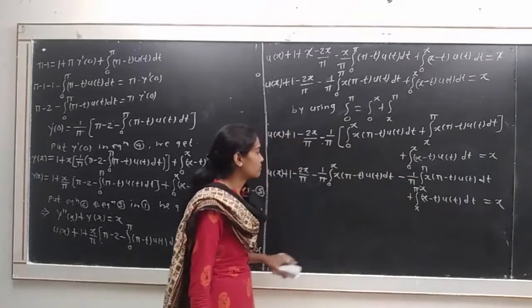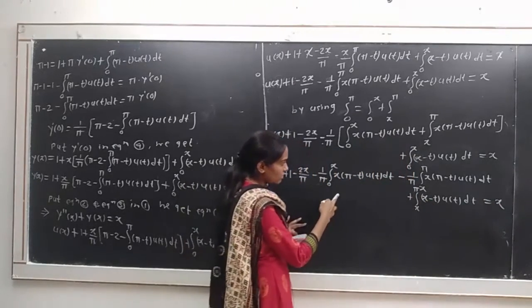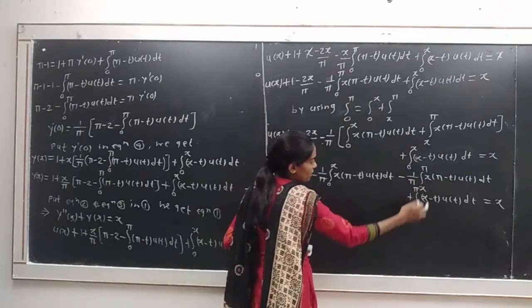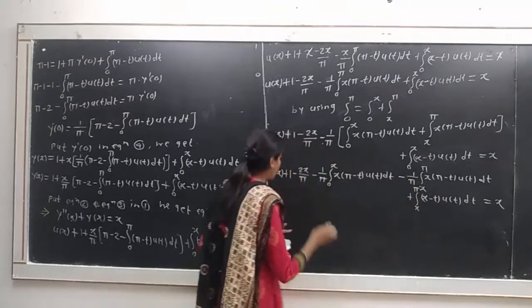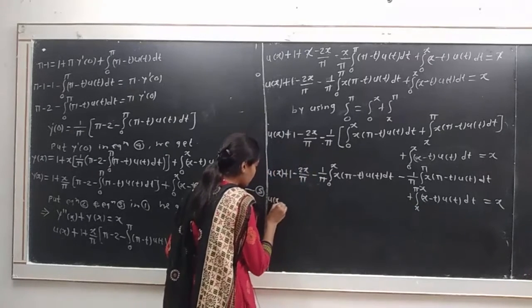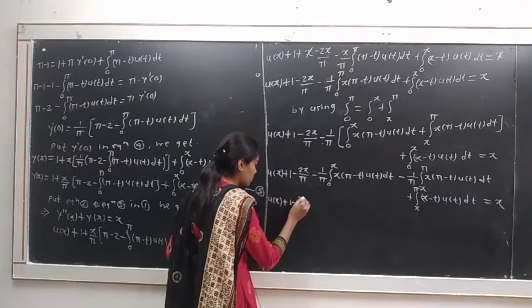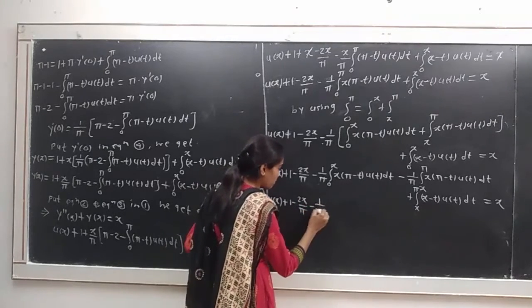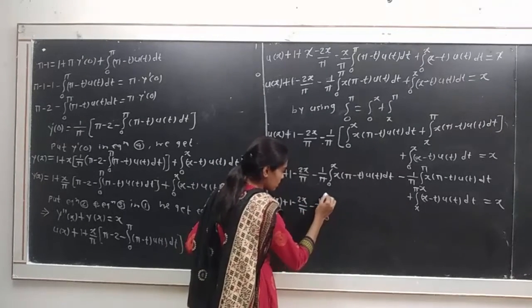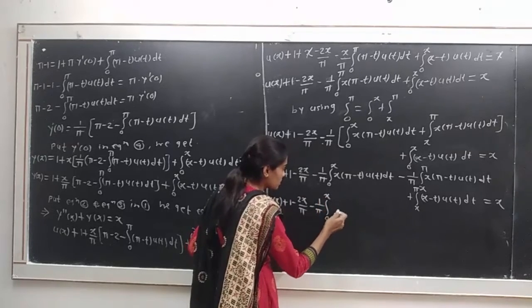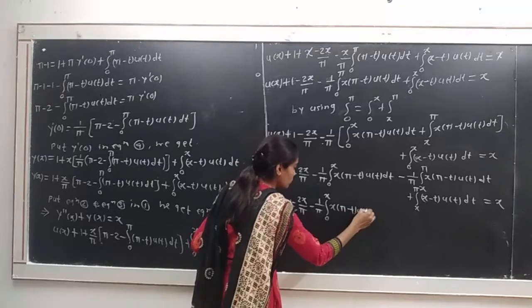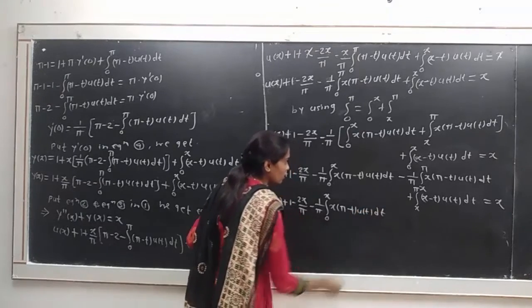Okay, then we combine these two integrals from x to pi. We get u of x plus 1 minus 2x divided by pi minus 1 by pi. This integral will be as it is, 0 to x pi minus t into u of t dt.